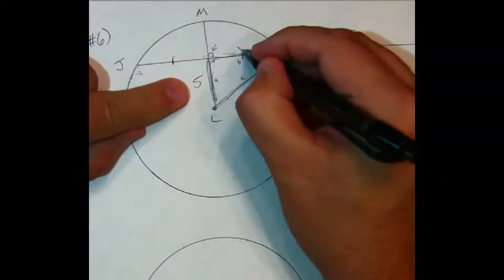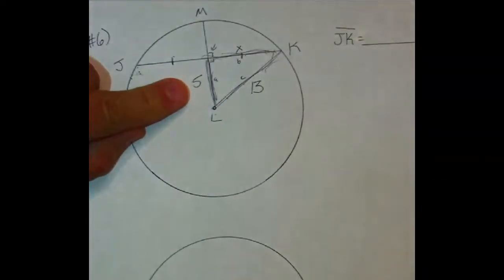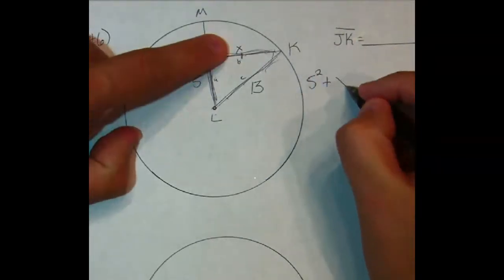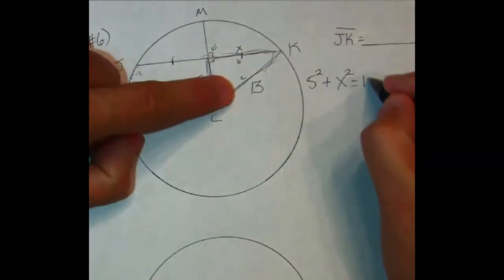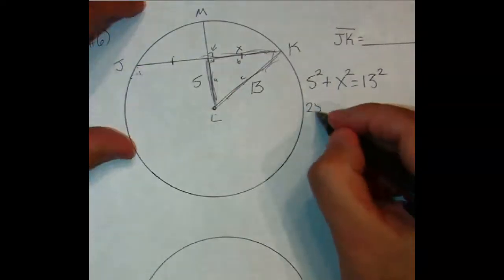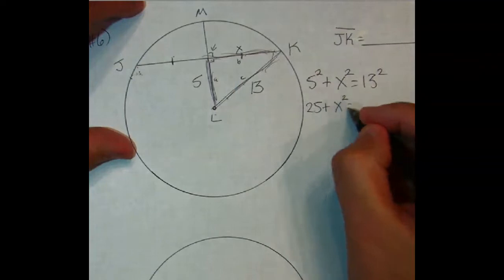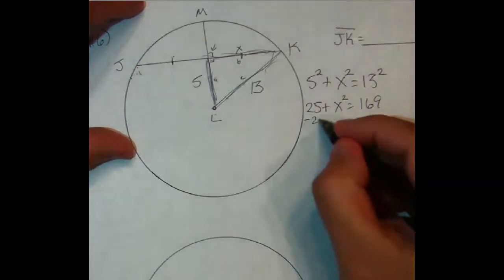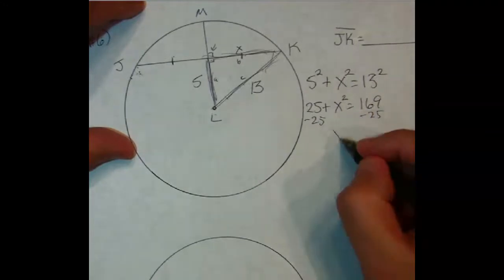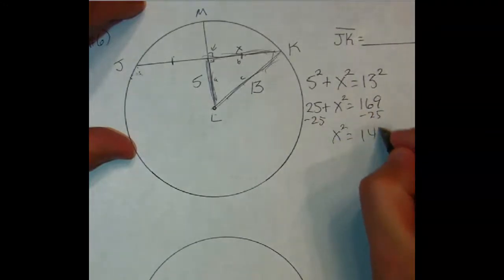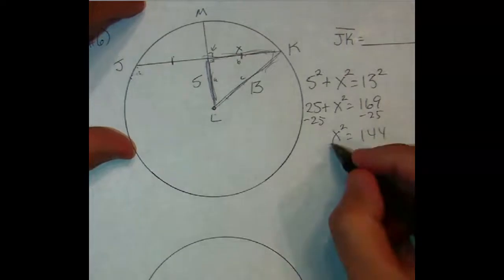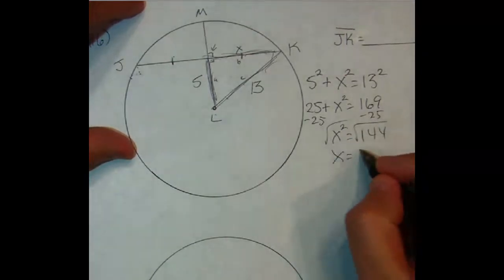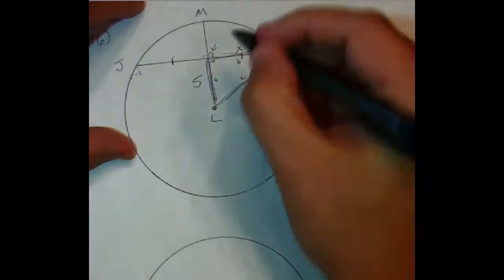We're going to label that X. We want to solve for X. So I have A squared plus B squared equals C squared. 25 plus X squared is equal to 169. Take away 25. X squared is 144. And remember to solve for X, take the square root. X equals 12.